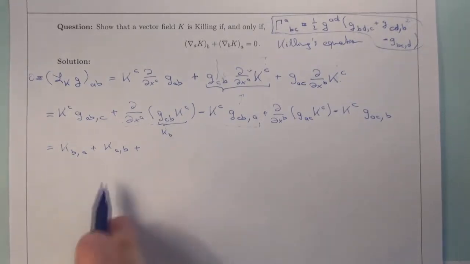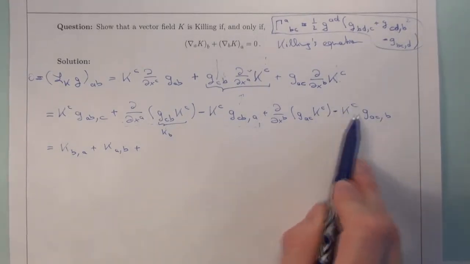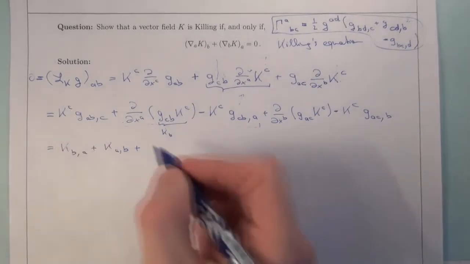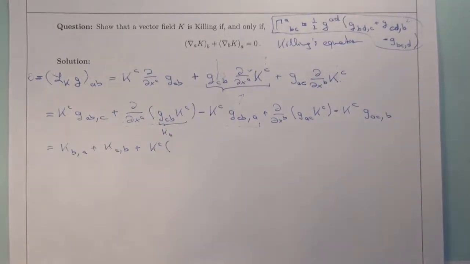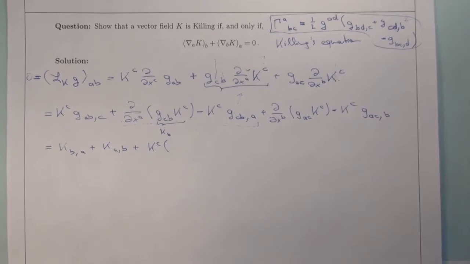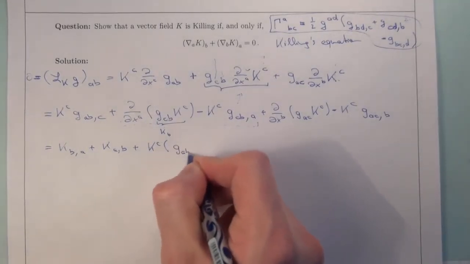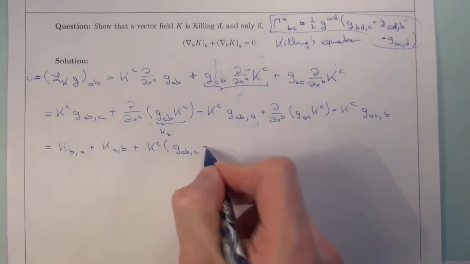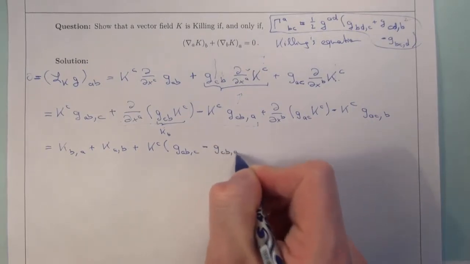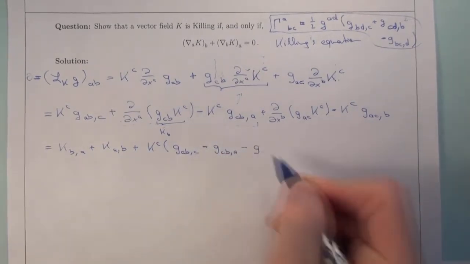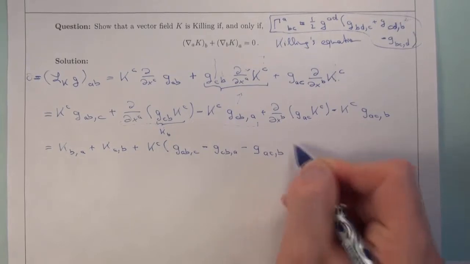So we write this as the K^C that appears here and here and here pulls out, so we can put this in front, and what's left is G_{AB, C} minus G_{CB, A} minus G_{AC, B}.